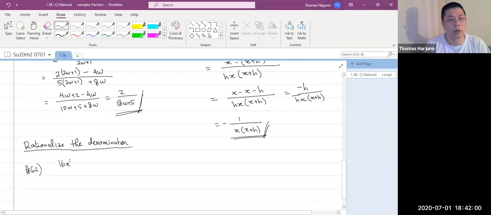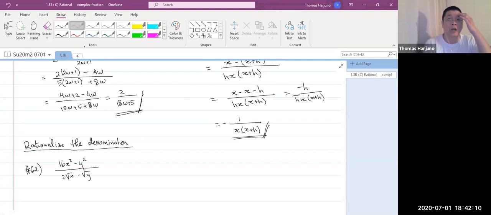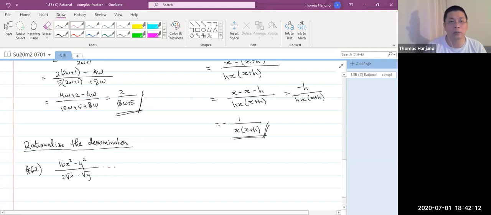16x squared minus y squared over 2 square root of x minus square root of y. Then I will multiply by 1 in the form of the conjugate of the denominator. Conjugate means they have exactly the same terms, except that the middle sign is opposite.